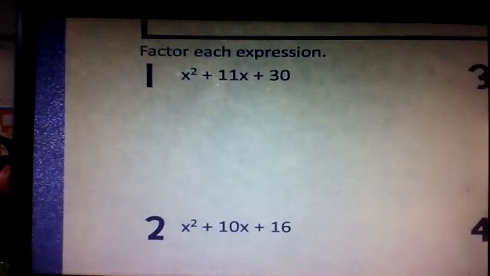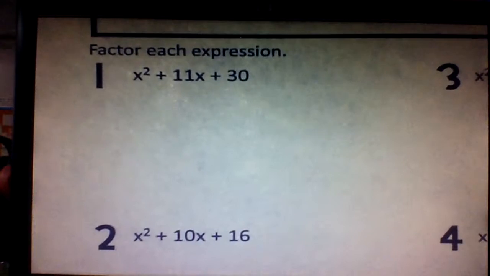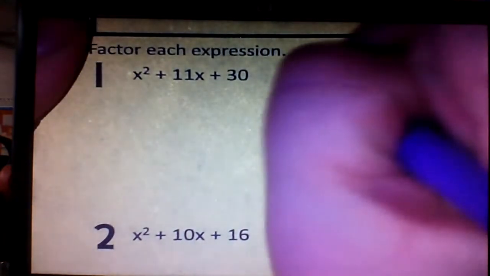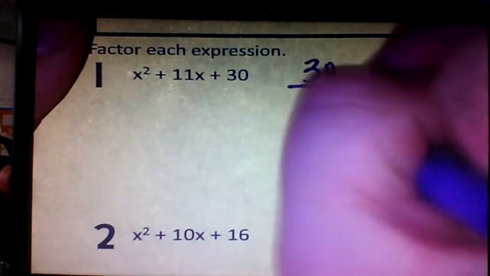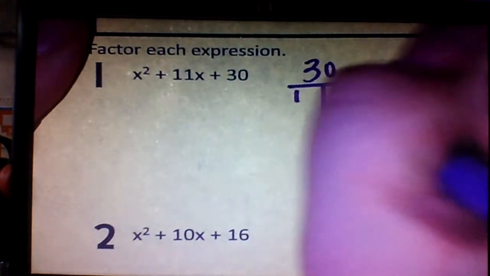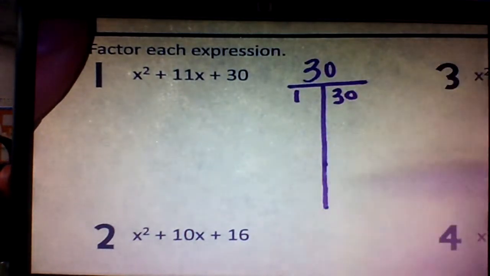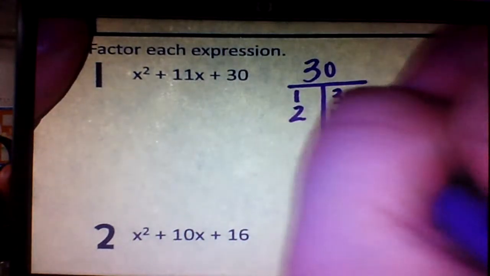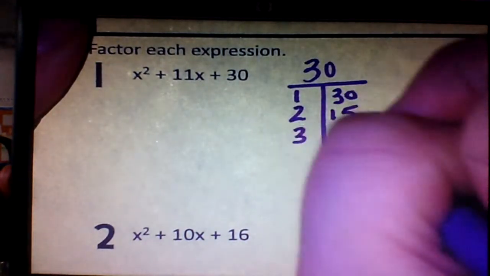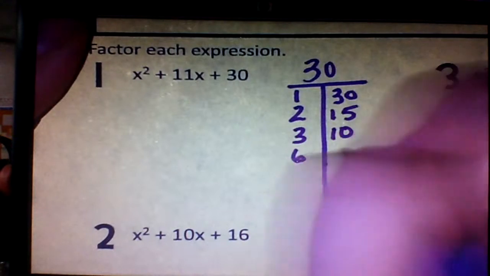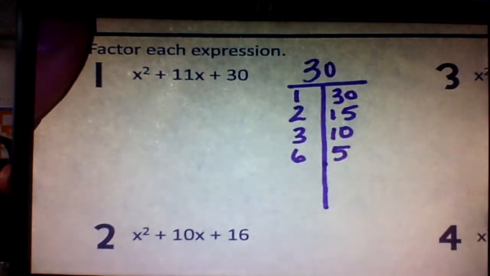All right, let's look at 1. So I just heard 1 and 30. 2 and 15. 10 and 3. 6 and 5. It doesn't matter which order you put them in.